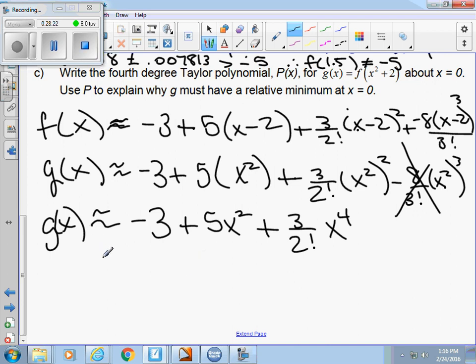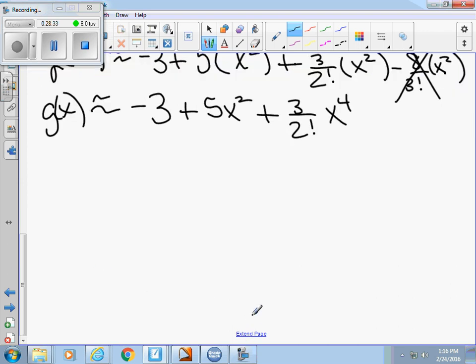Use P to explain why G must have a relative minimum at 0. What would you do to find a relative minimum or maximum? Do a first derivative.